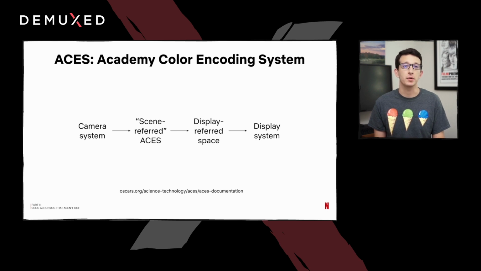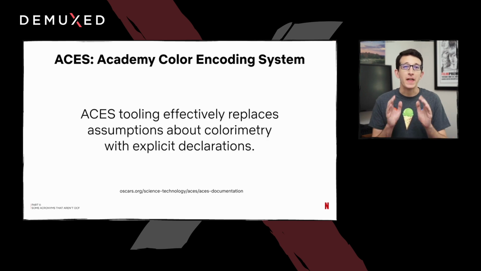This last step is what makes the images look correct. If that felt like drinking from a fire hose, just remember this obvious, concise phrasing. ACES tooling effectively replaces assumptions about colorimetry with explicit declarations.